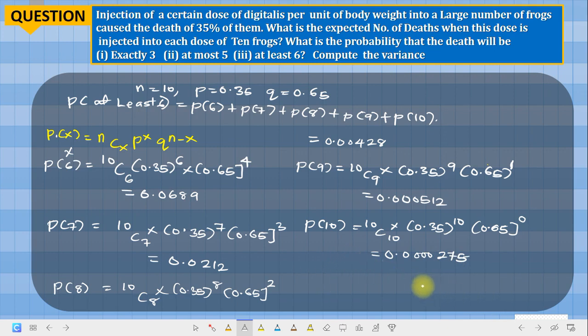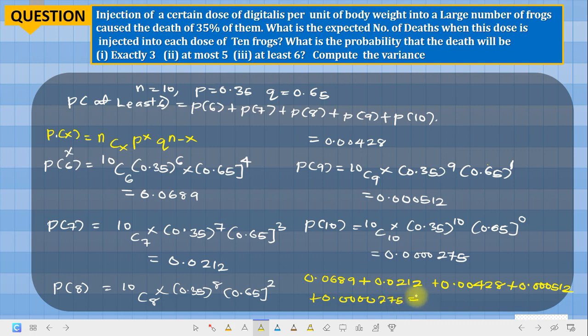Now, what we are going to do is to add everything here together. It gives us 0.0689 plus 0.0212 plus 0.00428 plus 0.000512 plus 0.0000275.